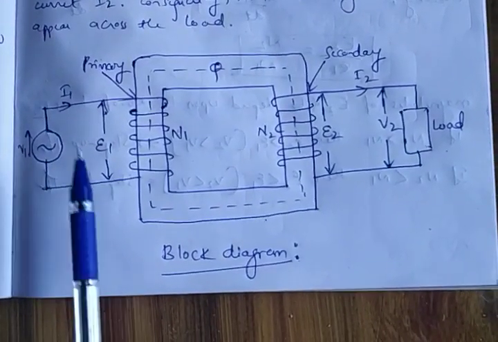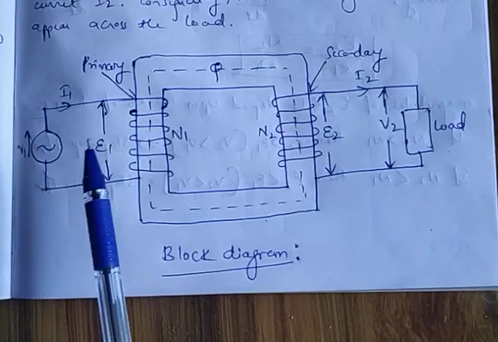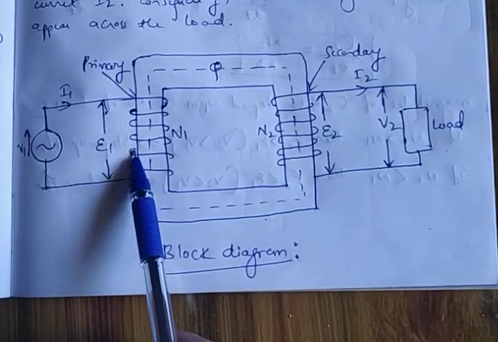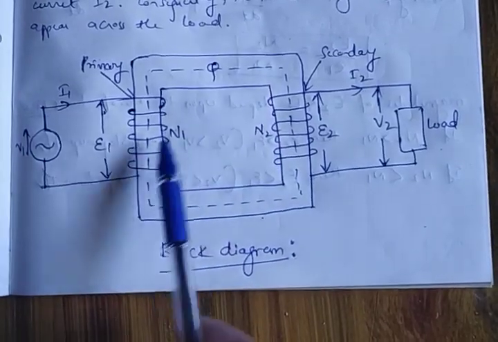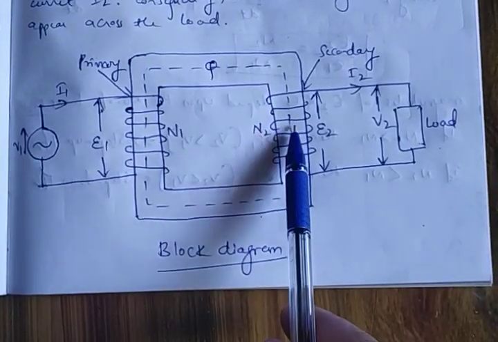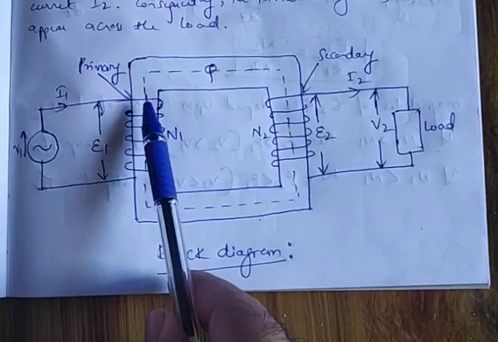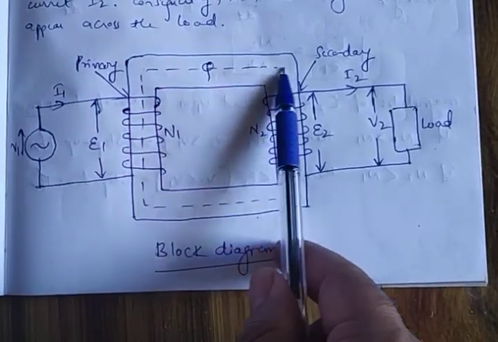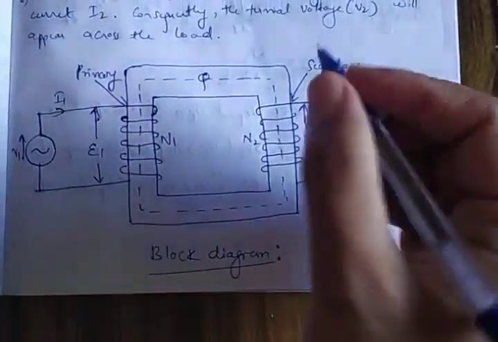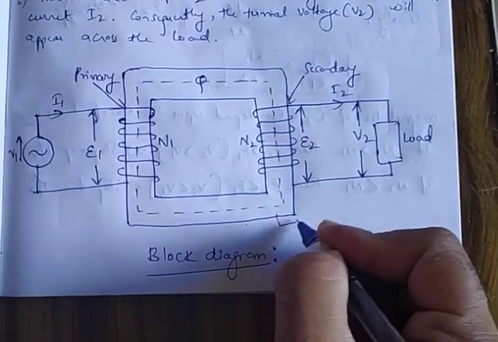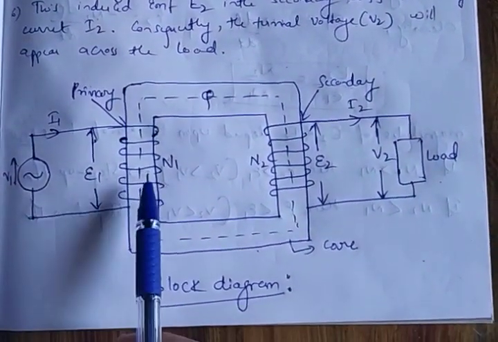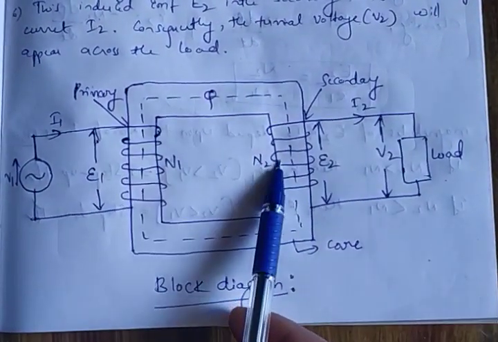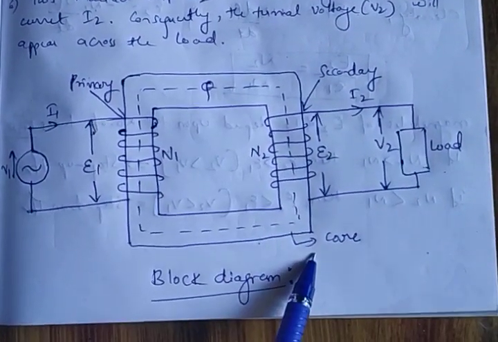See here, the transformer mainly consists of two windings. This is the primary winding and this is the secondary winding. Both primary and secondary windings are wound on a common magnetic core. So this we can call the core of the transformer, where both windings are placed.